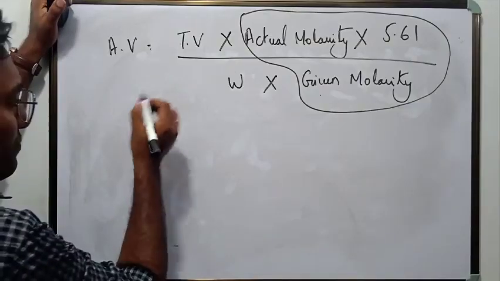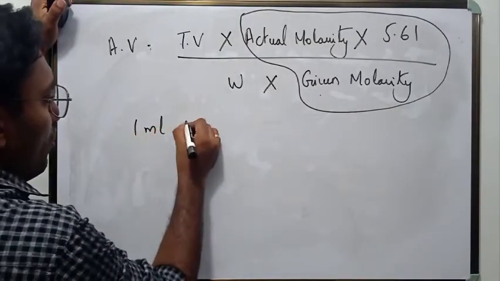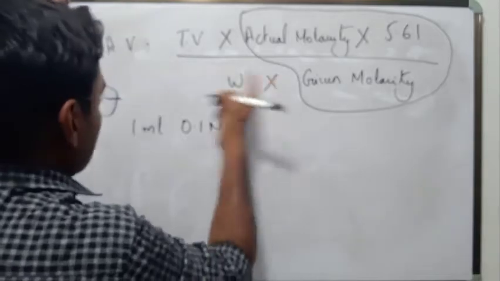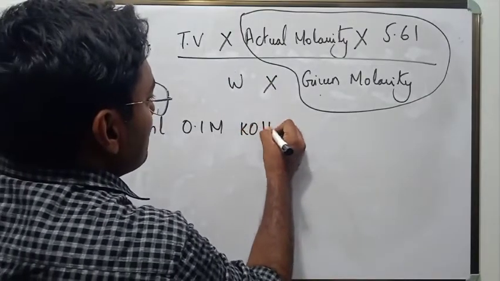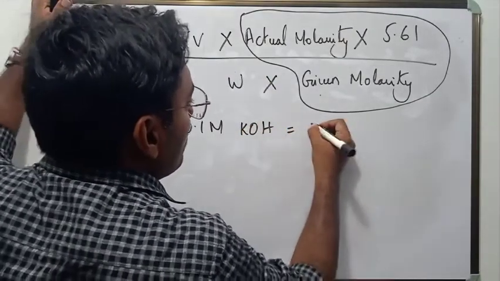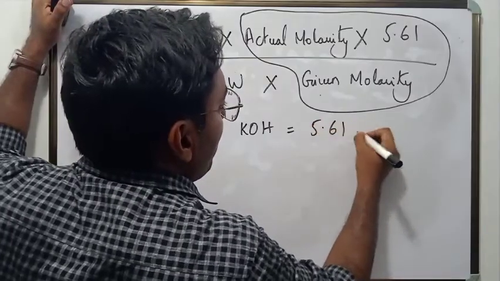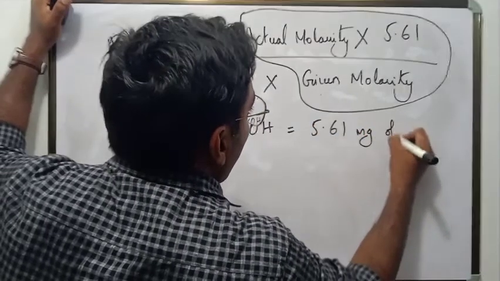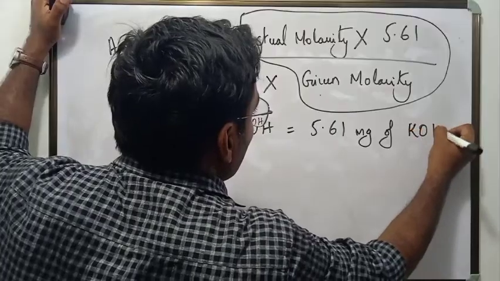See what I told you: 1 ml of 0.1 molar KOH is equivalent to 5.61 milligram of KOH, correct?